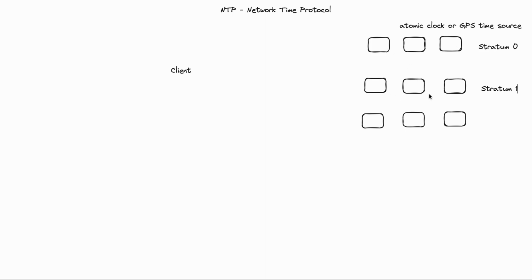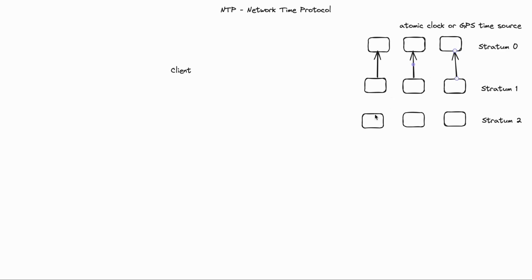All the other machines in the other levels, such as stratum 1 and stratum 2, will get the time from stratum 0. For example, a stratum 1 machine will get the latest up-to-date time from stratum 0.